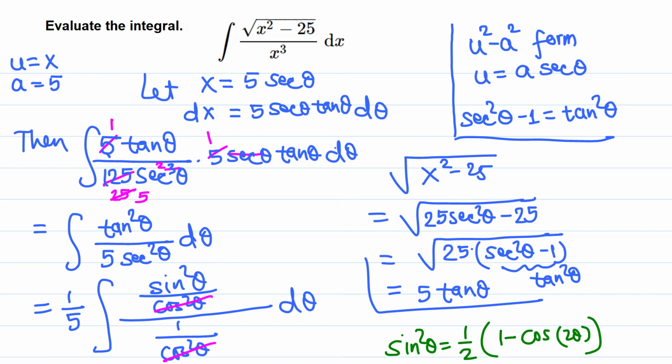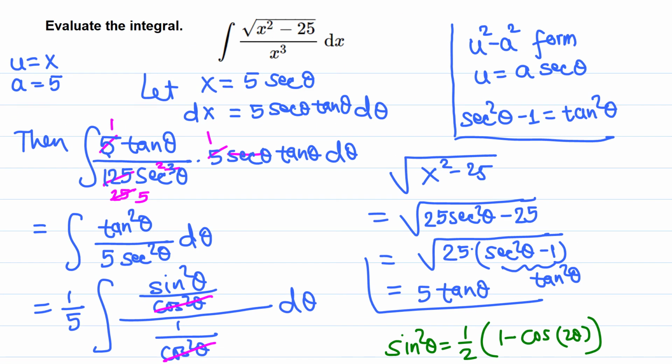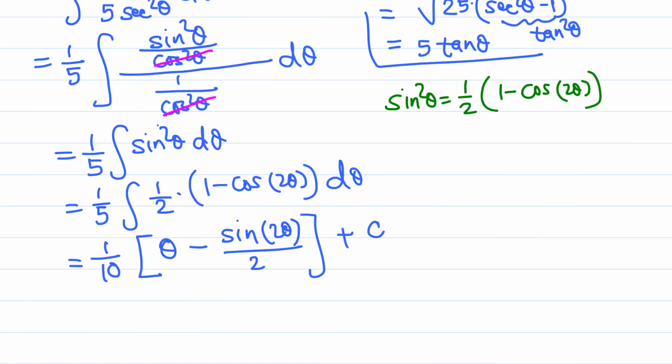Now we need to go back and write this answer in terms of x, because this is given in terms of theta, but our question is in terms of x. So using this first assumption, what we did here, x equals 5 secant theta, we need to draw a right triangle so that each trig function can be written in terms of x. So x equals 5 secant theta.